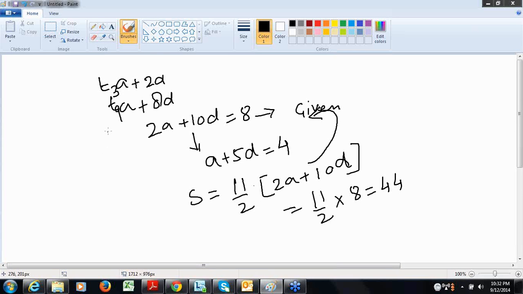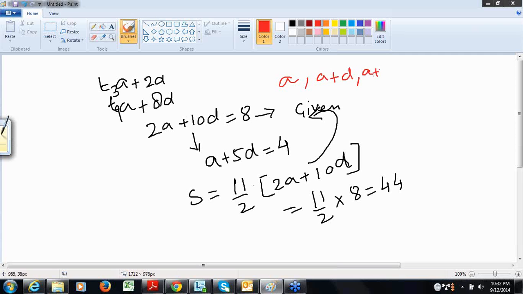Okay, let me explain once again. Some people have raised doubts. The third term will be a plus 2d. In an AP, if a is the first term, then the next term will be a plus d, where d is the common difference.